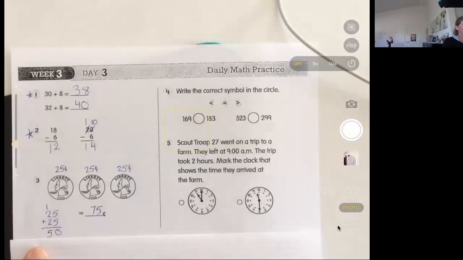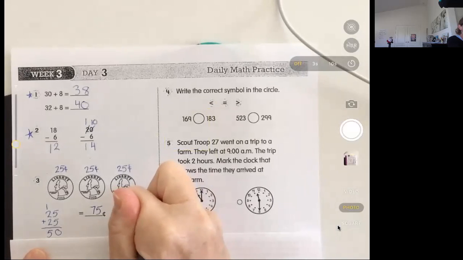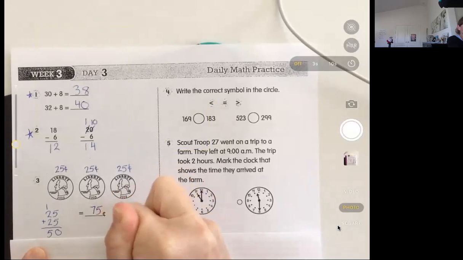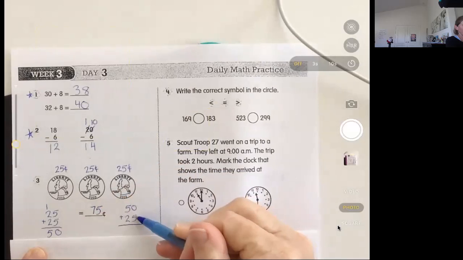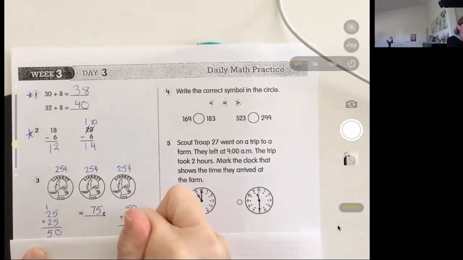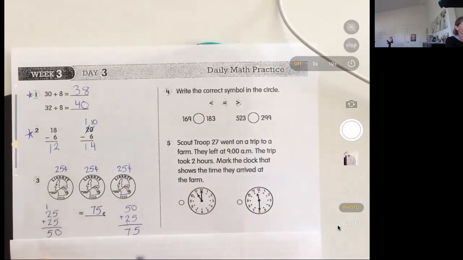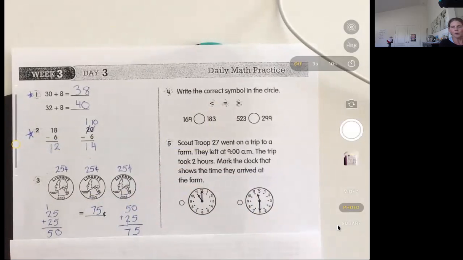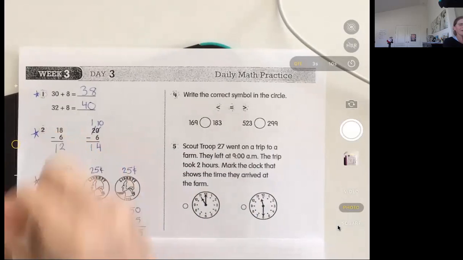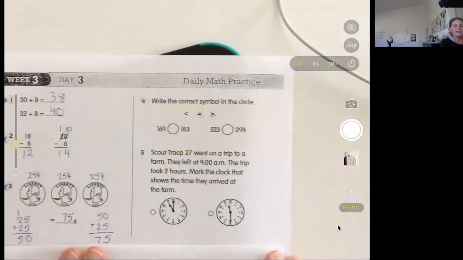I have 1 more quarter, so I'll take my 50 cents and I'll add 1 more quarter to it. Starting in the ones place, 0 plus 5 is 5. Moving over to the tens, 5 plus 2 is 7, and that's how I'm going to get 75 cents. So please make sure that you've shown your work if you need to. You can label your quarters, and I hope that strategy helps. Give yourself a mark.